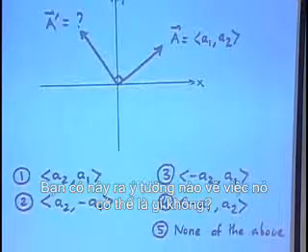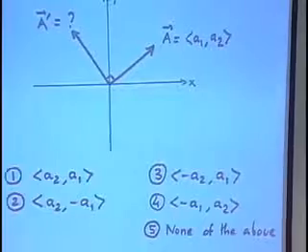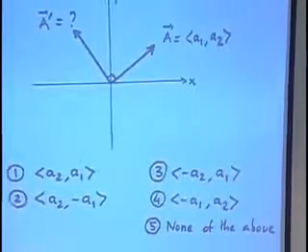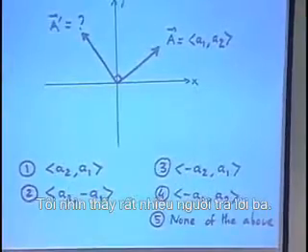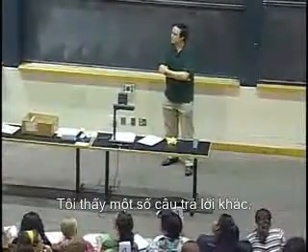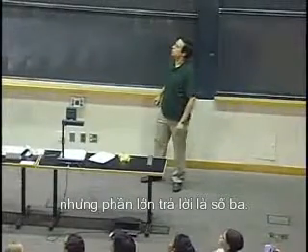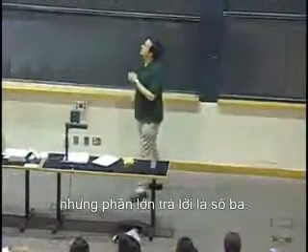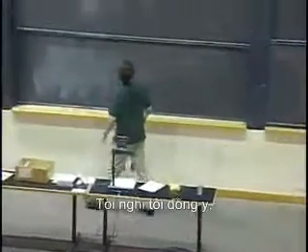Can you come up with an idea of what it might be? Okay, so I see a lot of people answering 3. I see some other answers, but the majority vote seems to be number 3. Minus A2 and A1. I think I agree.